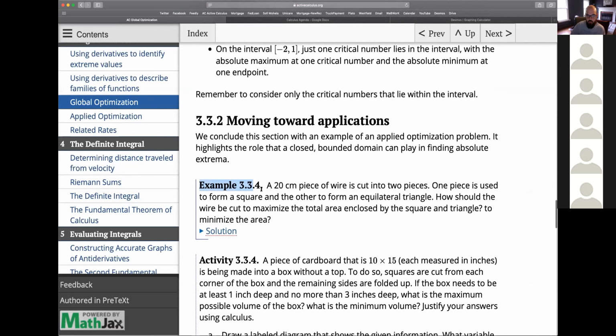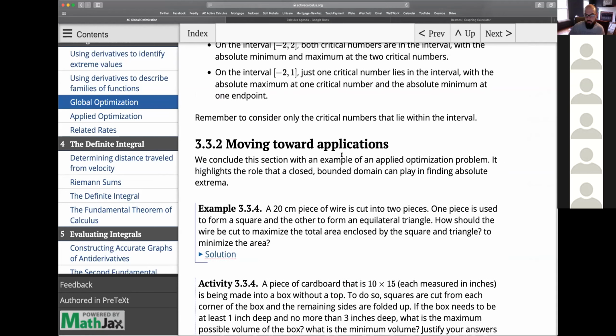An example of such a thing would be like this: a scenario is being described to you, and then you have to answer questions like what would be the maximum area or minimum cost or something like that.